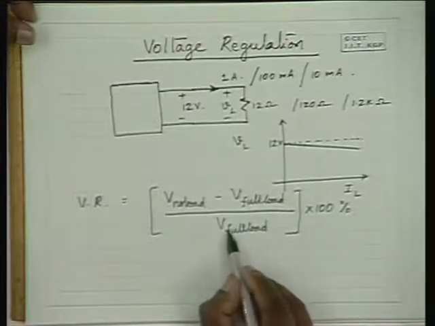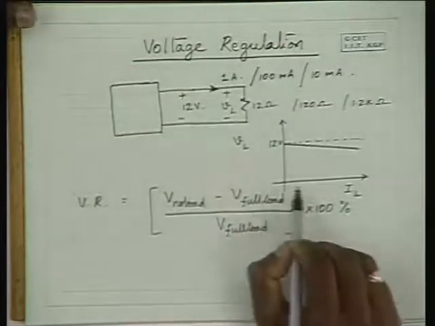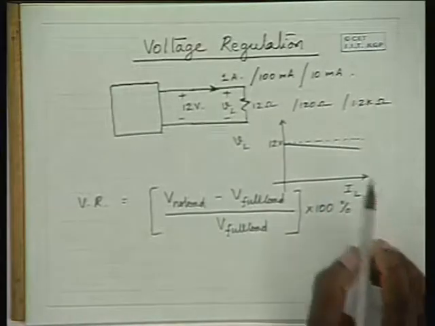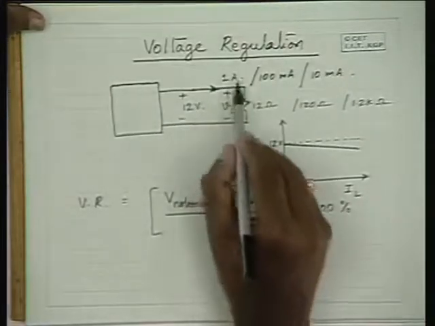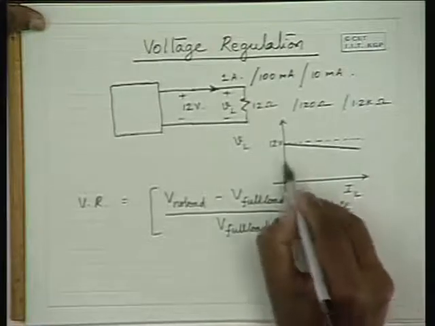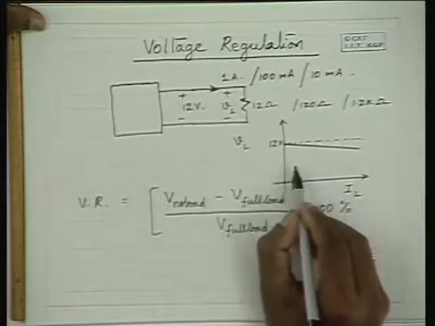So one question may arise in your mind: whether you take it as a ratio of V no load or V full load. Before that, let me explain what is meant by no load. When you don't draw any current through it, that means when the output is open circuited, that means IL is 0, whatever is the voltage that appears across the terminals is V no load.